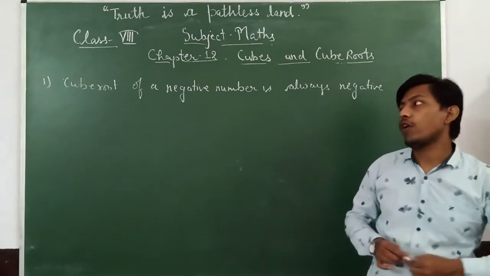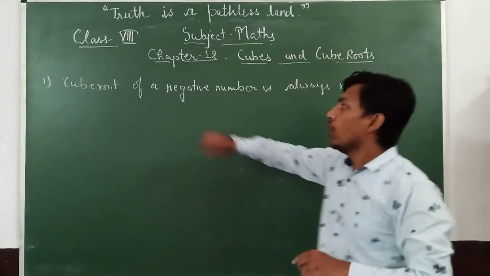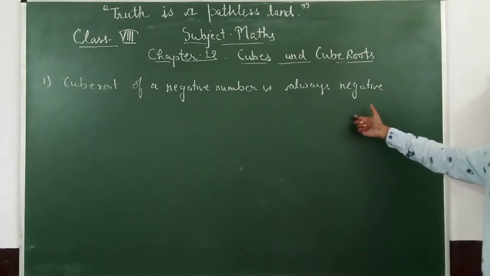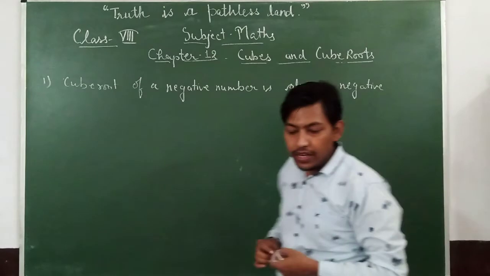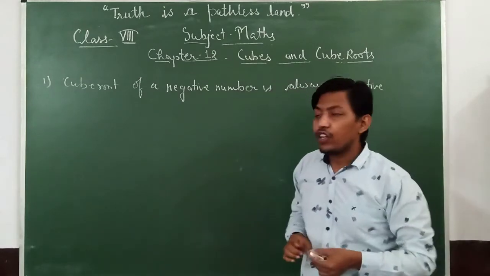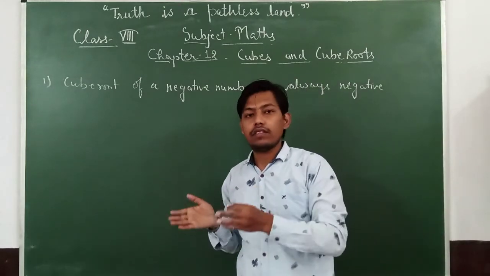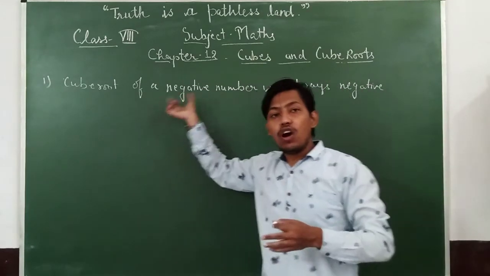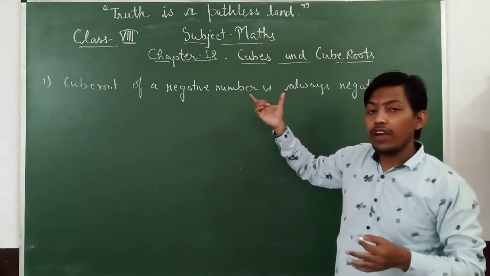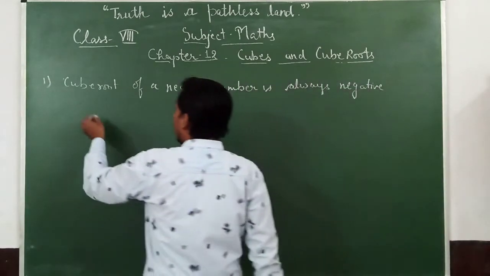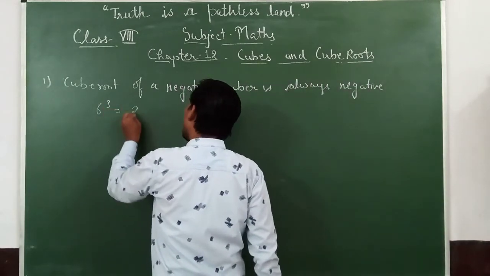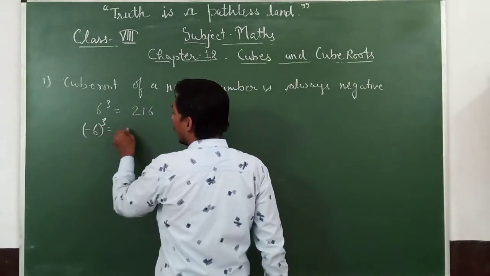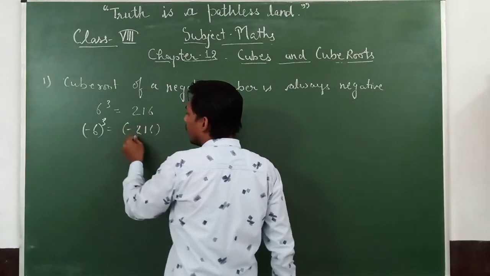Now we will discuss some properties of cube roots. The cube root of a negative number is always negative. As we discussed earlier, the cube of any negative number is negative. Similarly, the cube root of any negative number is always negative. As 6 cubed is 216, minus 6 cubed is minus 216.